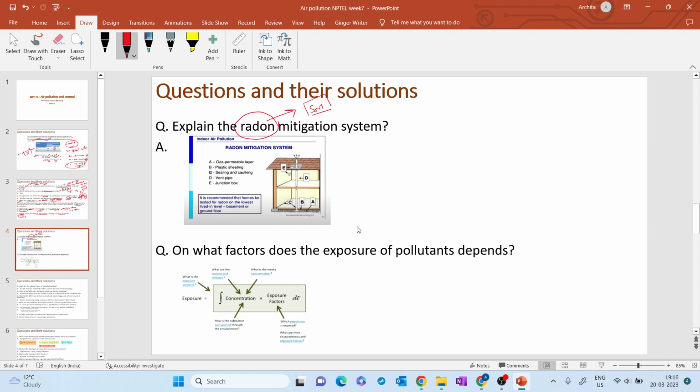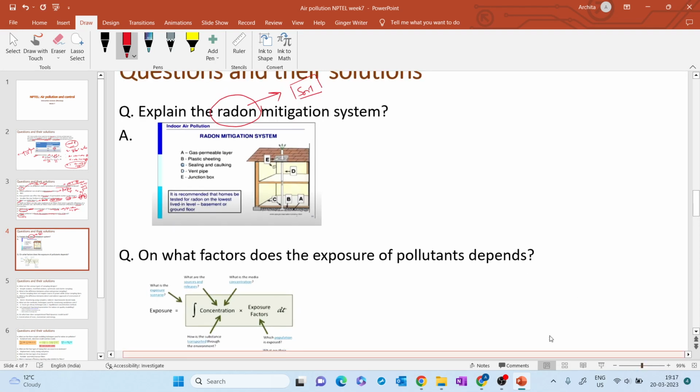This radon mitigation system has different components. For example, it has a gas permeable layer, plastic sheeting, sealing and vent pipe, and a junction box. The names are given in this picture.